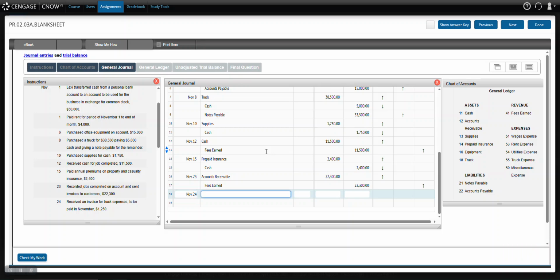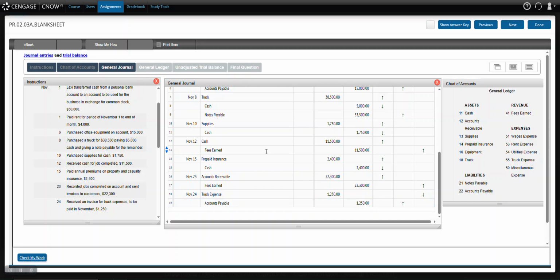On the 24th, it says we received an invoice for a truck expense to be paid on November. So it's going to be paid sometime in November. It's just not getting paid just yet. So it's a truck expense. Our expense is always increasing. We actually incurred that, but we haven't paid it yet.